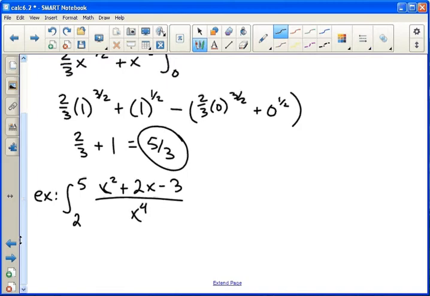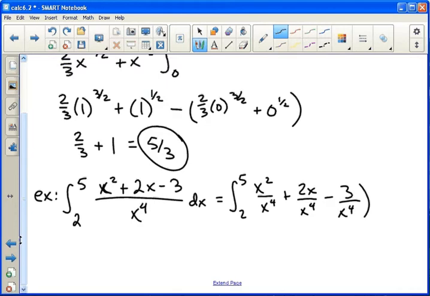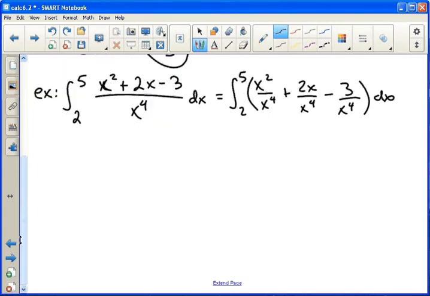So split it up into 3 pieces and make every piece divided by x to the 4th. Remember, whenever you're dividing, that you subtract exponents. So this will be rewritten as x to the negative 2 plus 2x to the negative 3 minus 3x to the negative 4 dx.